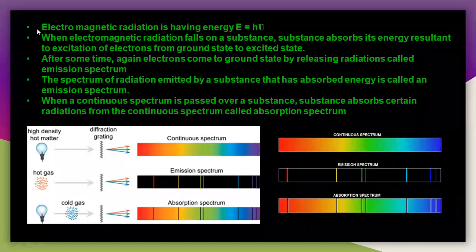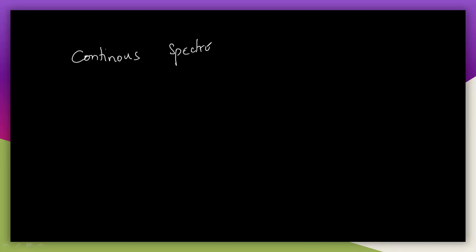Let us understand one thing about the atomic spectra. Generally you need to understand these two terms. One is continuous spectrum, and the other one is discontinuous spectrum.